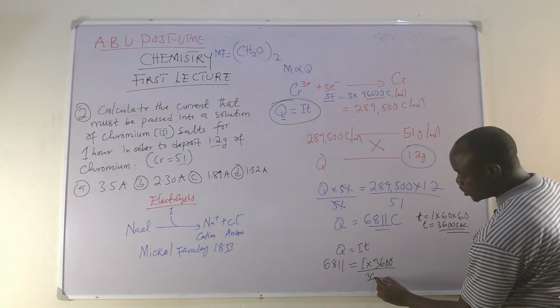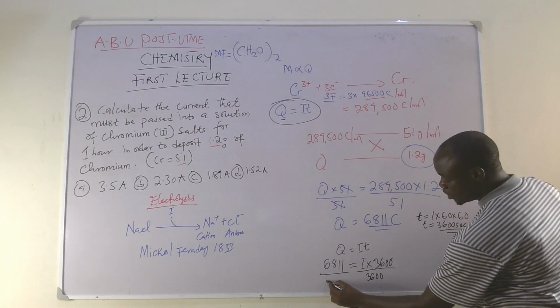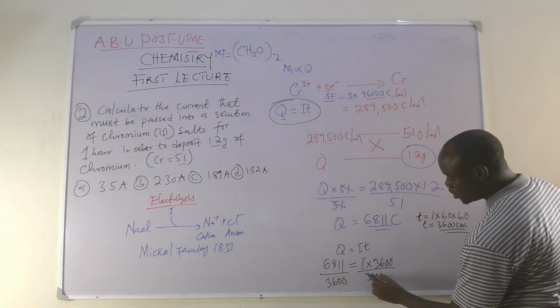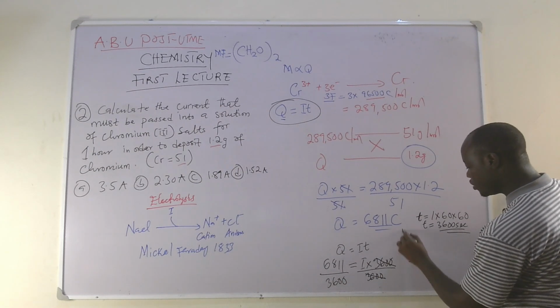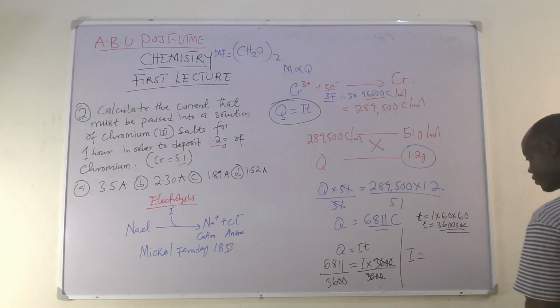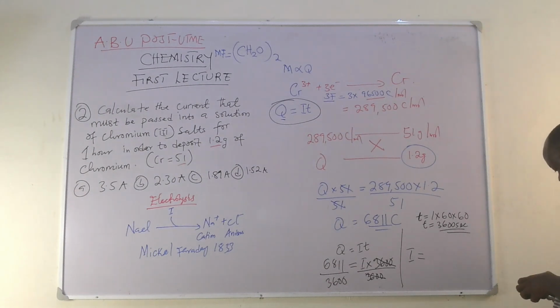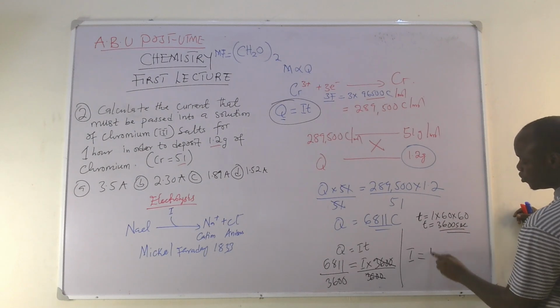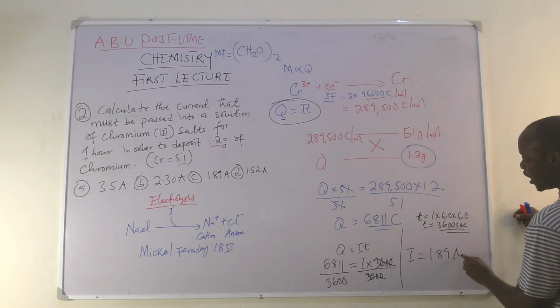We can divide 3,600 on both sides, so this one cancels this, and at the end we are going to have our I. So I is 6,811 divided by 3,600, and this will give us 1.89 ampere.